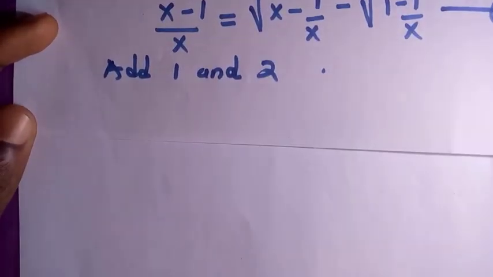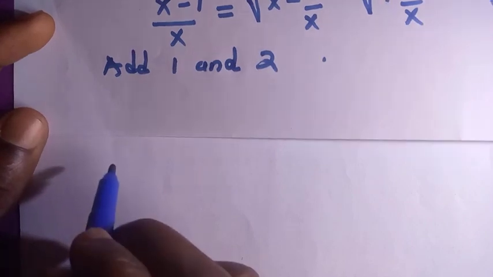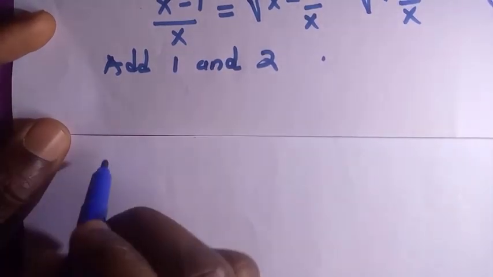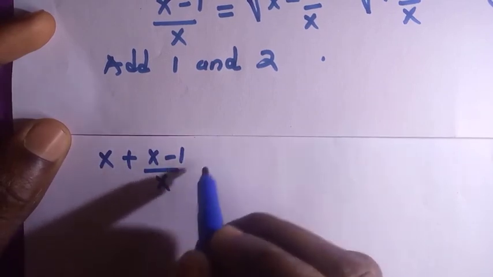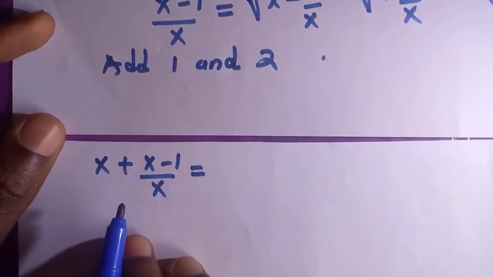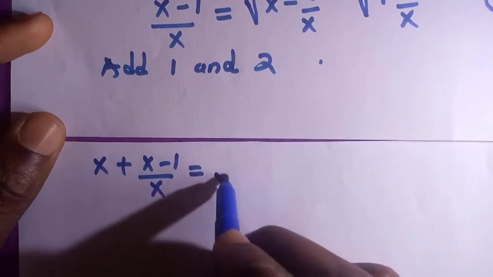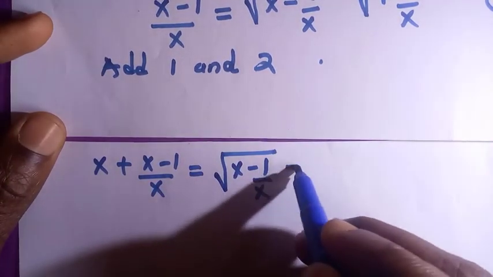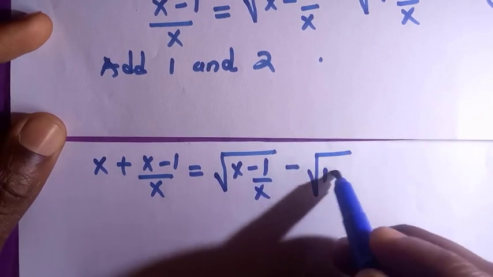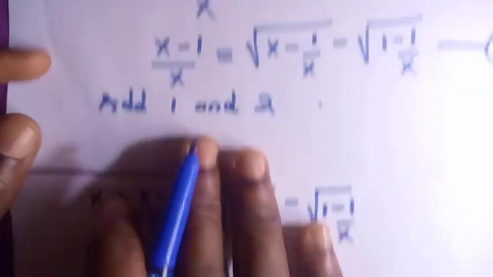And doing that, we know for this second equation, we have x plus x minus 1 over x. So that is for the value of equation 1 and the value of equation 2 at the left hand side. So this is root of x minus 1 over x minus root of 1 minus 1 over x.